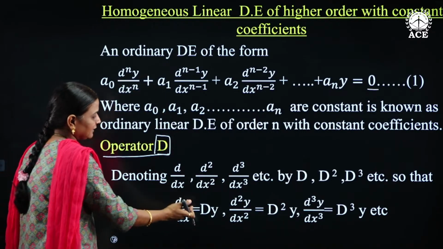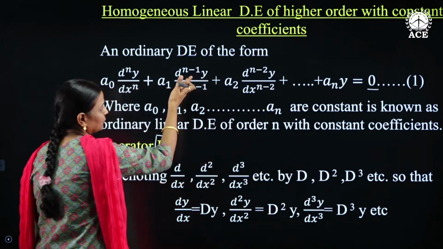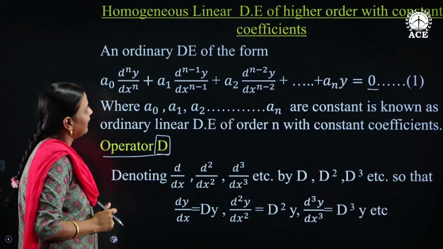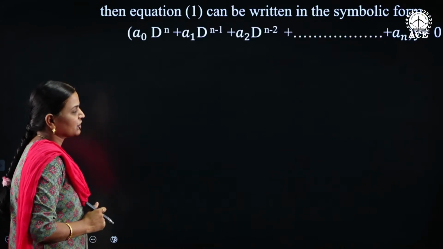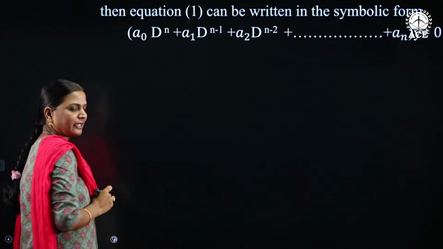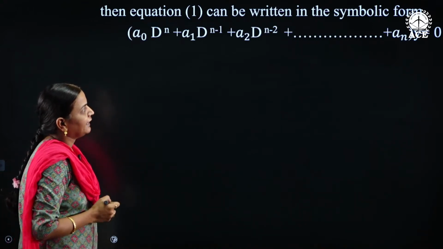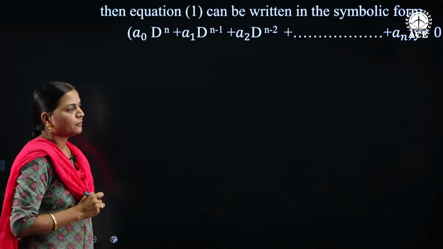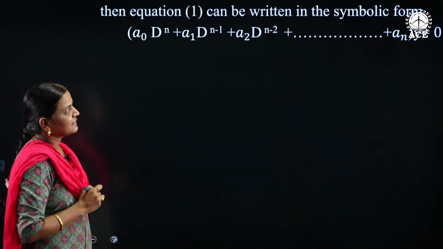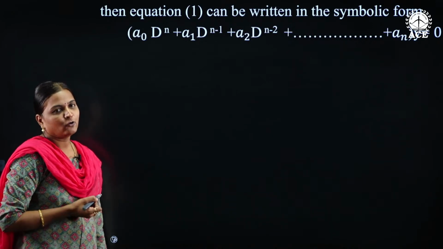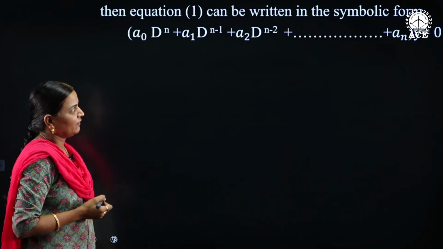If we apply these operators to the differential equation, that equation can be written as a0 times capital D power n plus a1 times D power n minus 1 plus a2 times D power n minus 2 and so on plus an, whole times y, is equal to 0. This is the operator form of a homogeneous linear differential equation.